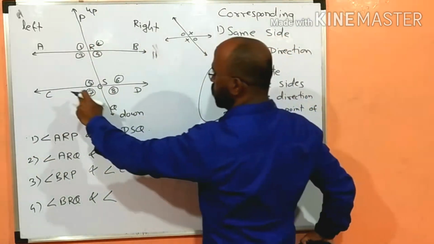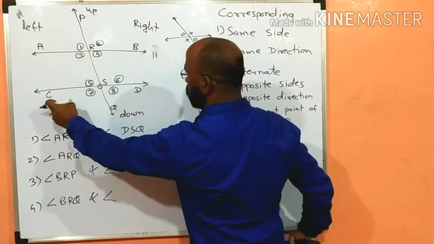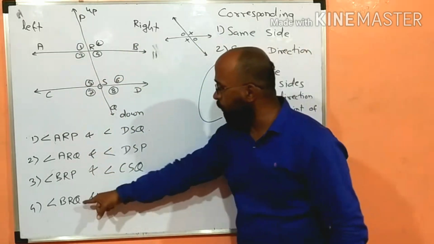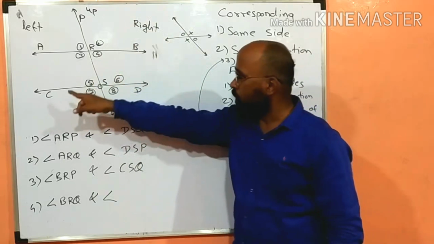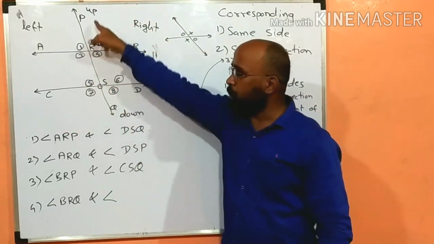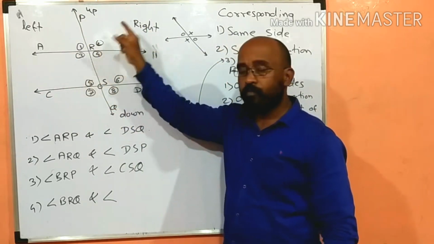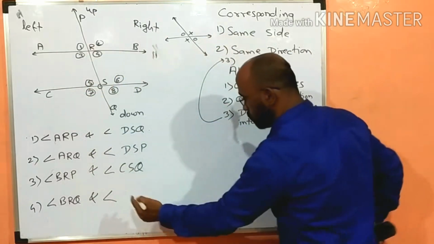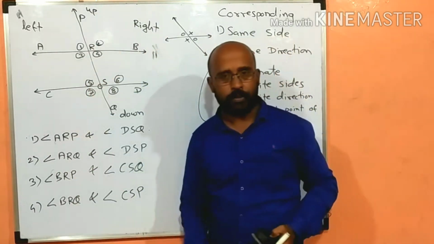Here are two angles, angle number 5 which is CSP, angle number 7 which is CSQ. Let us see one by one. BRQ, RQ is part of transversal, which is going towards down. Now CSP, SP is part of transversal, which is going towards up. Means on transversal they are having opposite direction, means angle CSP is an alternate angle of angle BRQ.